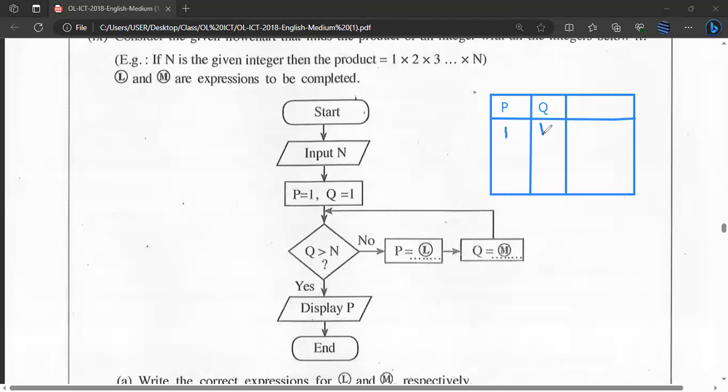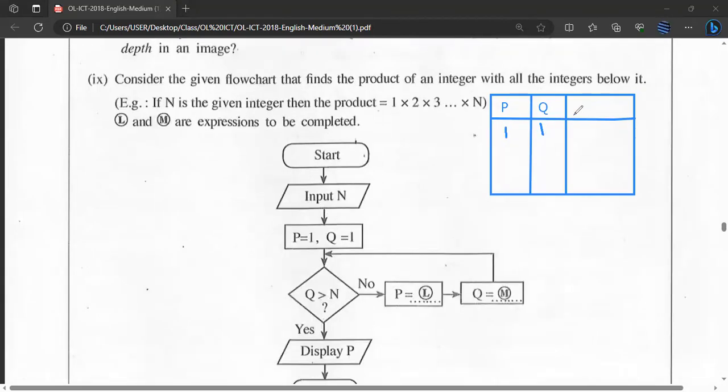And here they are going to check whether Q is greater than N, which is 4. Now, is 1 greater than 4? Q is 1, right? And N is 4. Is 1 greater than 4? No, right? Then what we are going to do?